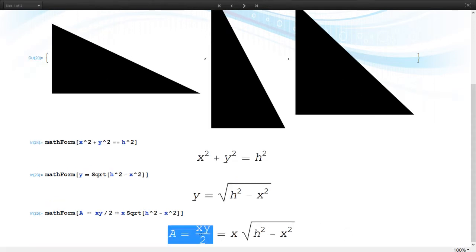Now we have our equation for area. Area equals x times the square root of h squared minus x squared.